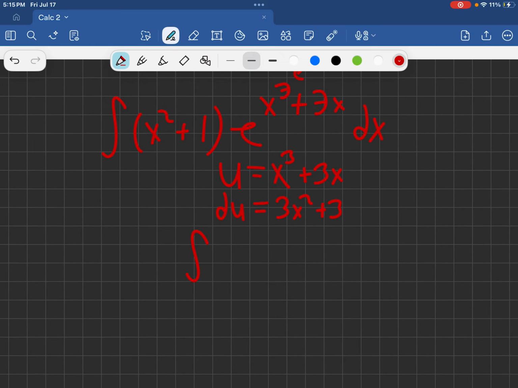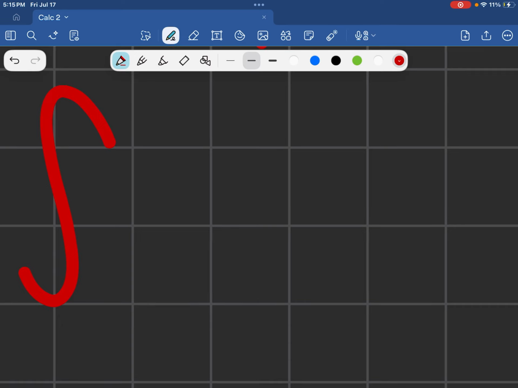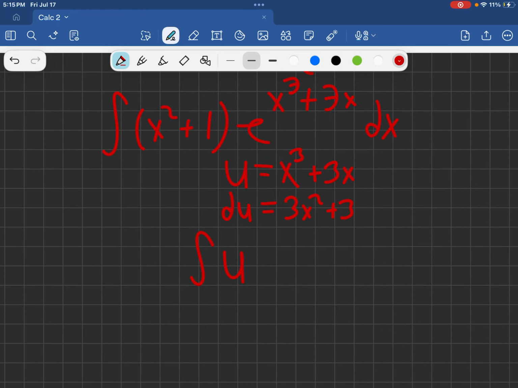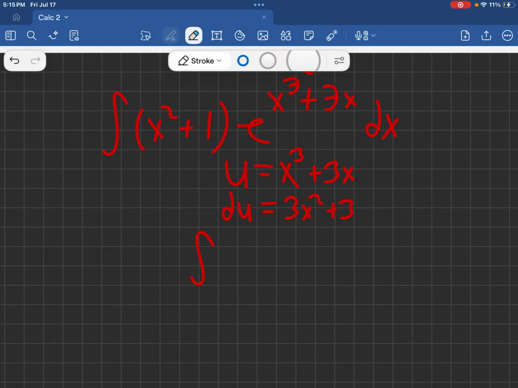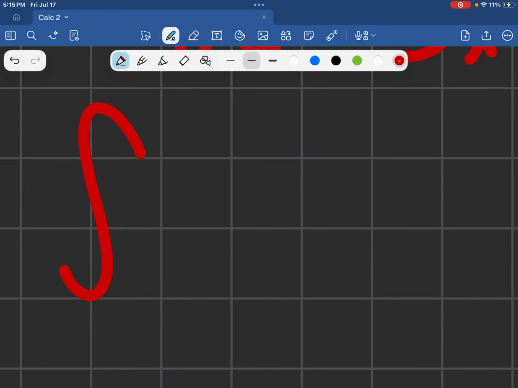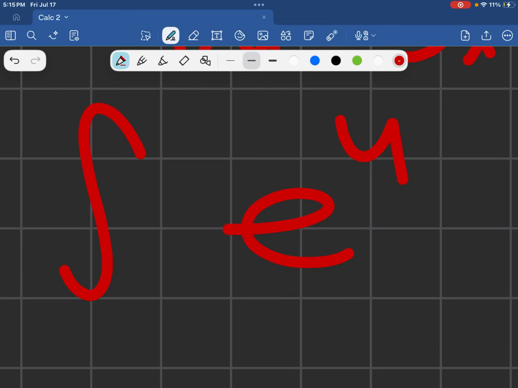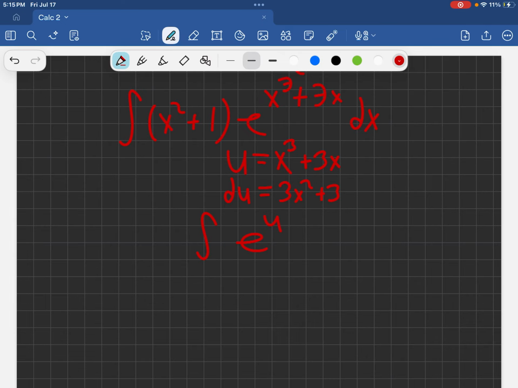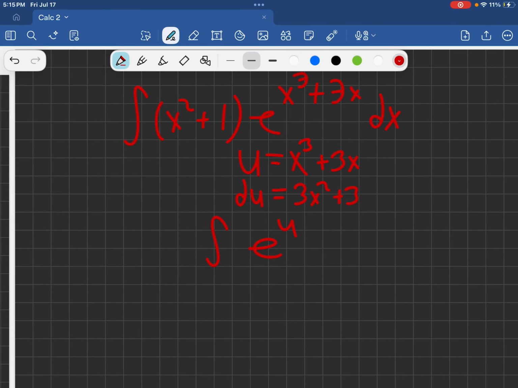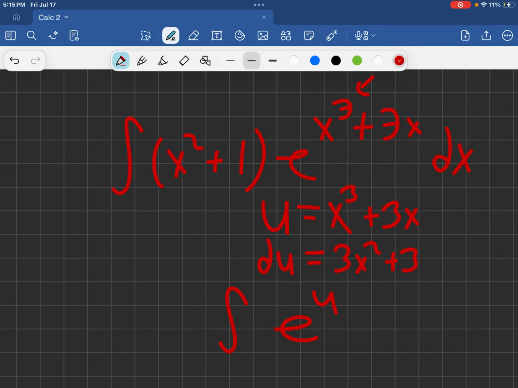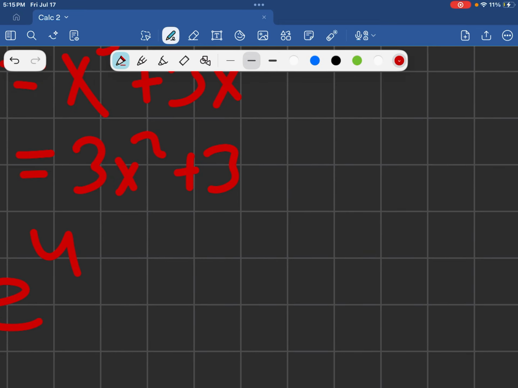So that means we have e to the u, but then this part out here is not the same. So we have 3x squared plus 3 here, and we only have x squared plus 1 here. So we can take a 3 out of this.